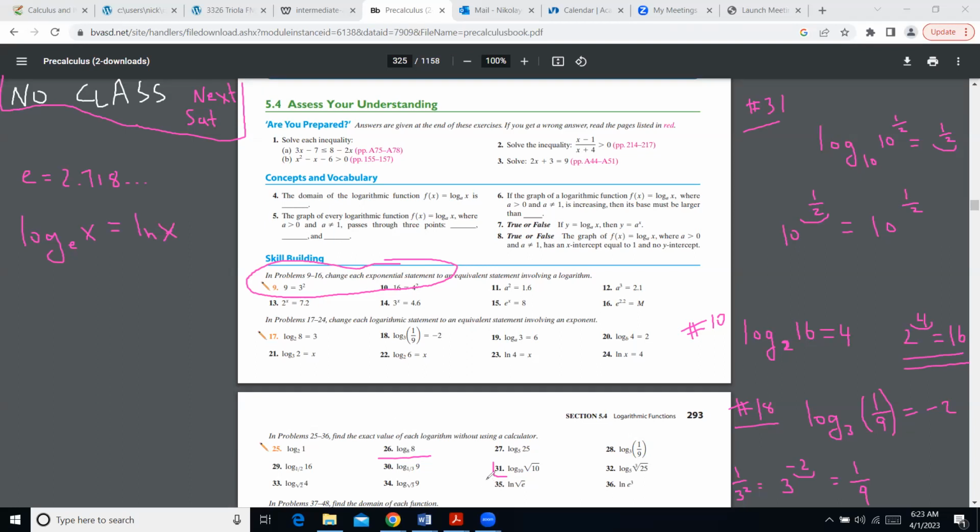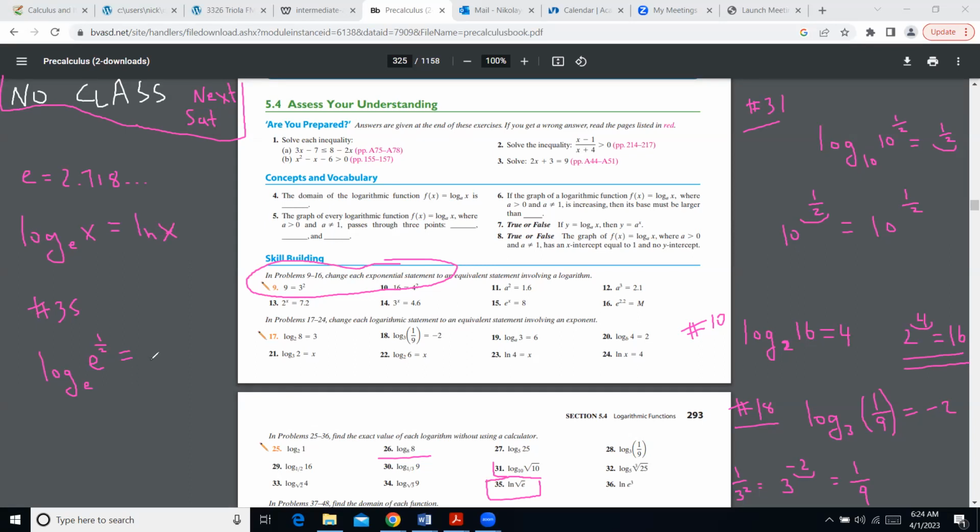So if I try exercise 35, that says find ln of square root of E, what I can do is prepare it as a logarithm base E of E raised to the power of 1/2. Notice that square root is a power of 1/2.